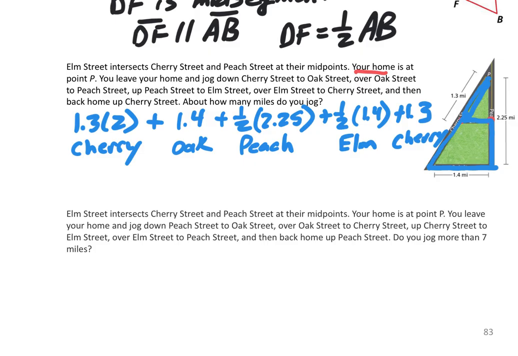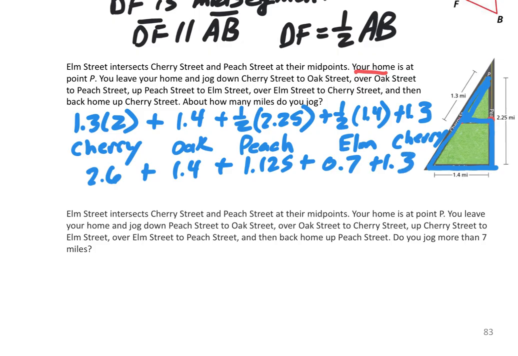Okay, so here's what we got to do. What's 1.3 times 2? 2.6. So this is 2.6 plus 1.4. Okay, what's half of 2.25? 1.125. Half of 1.4? 0.7. Okay, and then 1.3.